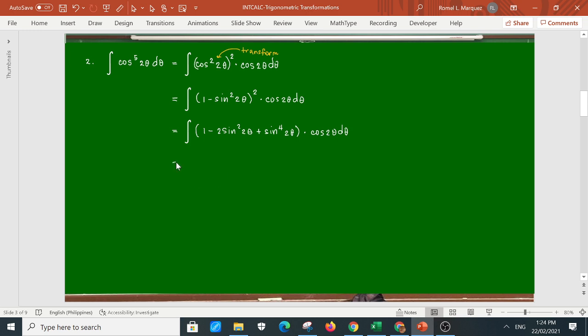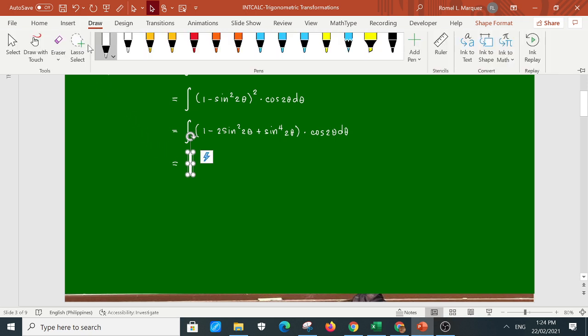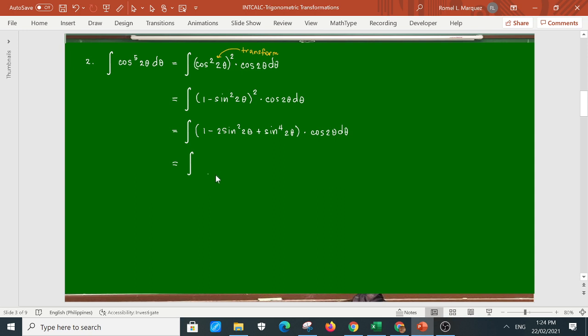Okay? So this is now integration term by term. What is the integral of the first term? We have the integral of cosine 2 theta d theta. You can do that mentally by putting 2 here, balanced outside by 1/2.